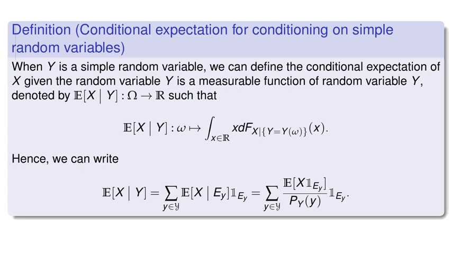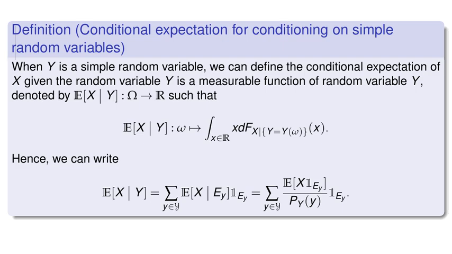Now the conditional expectation given the random variable Y itself. When Y is a simple random variable, we define the conditional expectation of X given Y as a measurable function of Y, denoted E[X|Y] mapping Omega to R, such that its value at omega is given by the integral over x in R of x dF_{X|Y=Y(omega)}(x).